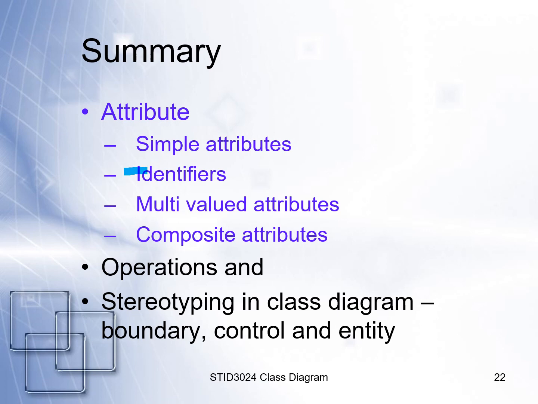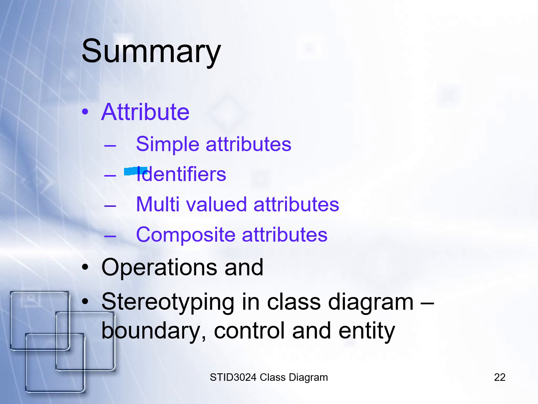It can either be in a multi-value, meaning that more than one value for that particular attribute, or composite, meaning that you can have an attribute that is composed of several sub-attributes. Okay, operation is the method, or the processes that class is offering.